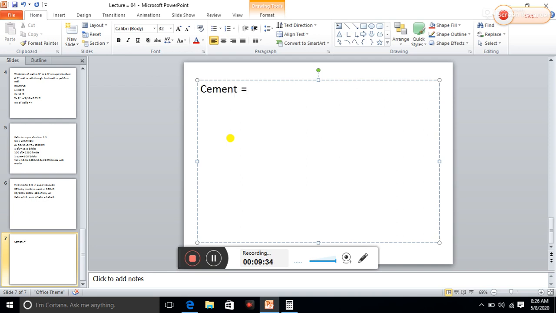So cement quantity will be equal to, we have the formula, ratio of cement into dry quantity divided by sum of ratio.